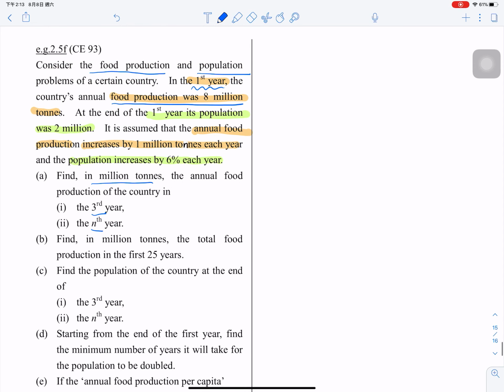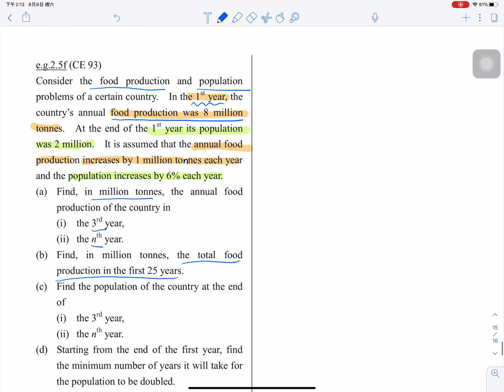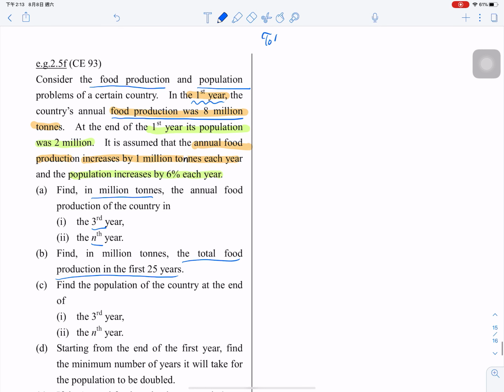Have a look at part B. Find in million tons the total food production in the first 25 years. So this one is the sum of the arithmetic sequence. So total food production in the first 25 years equals, okay, n over 2, 25 over 2.